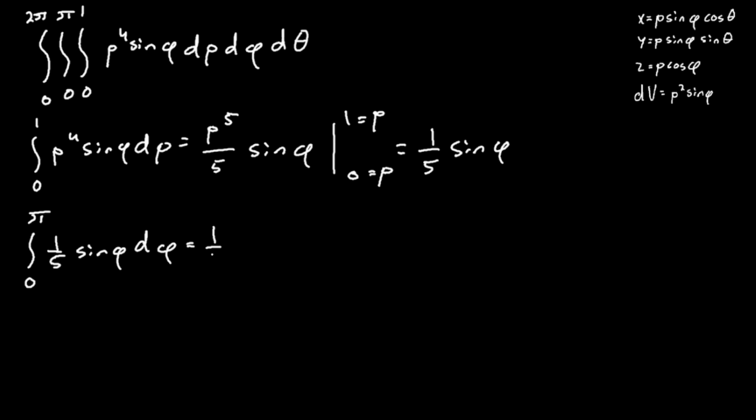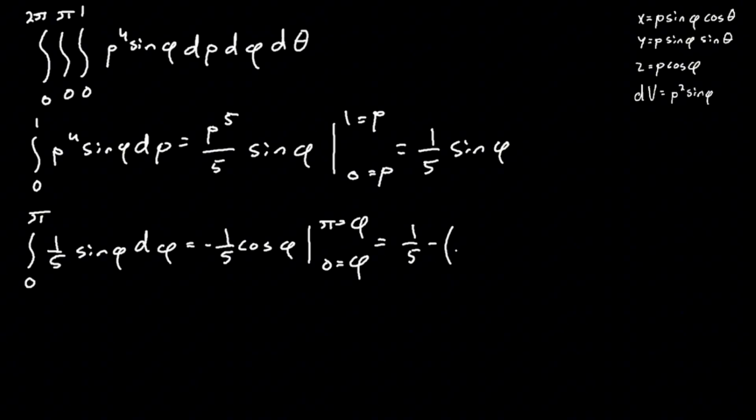What this is just 1 over 5 times negative cosine of phi from 0 to pi. If you plug in for pi here, you get negative 1. And negative 1 times negative 1/5 is just 1/5. If you plug in for 0, you get negative 1/5.